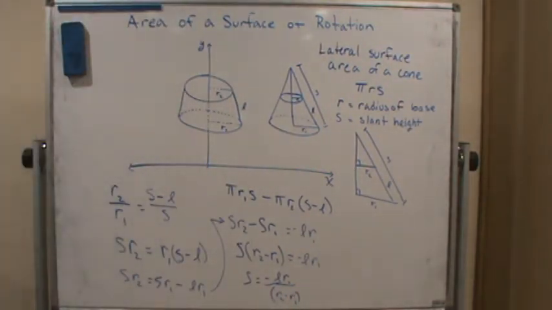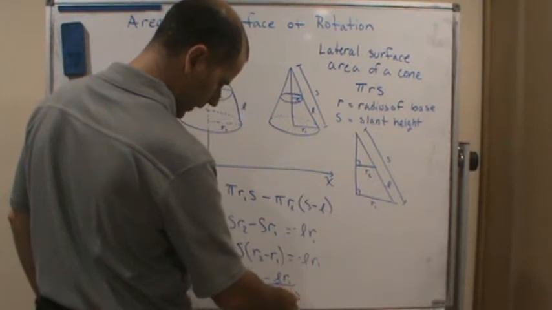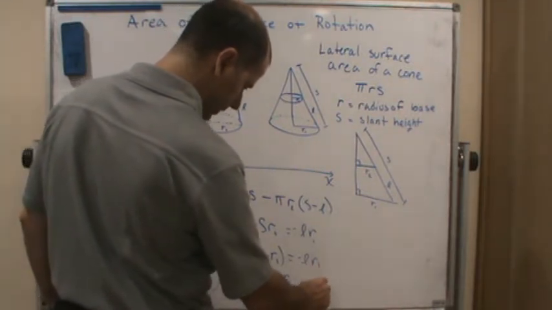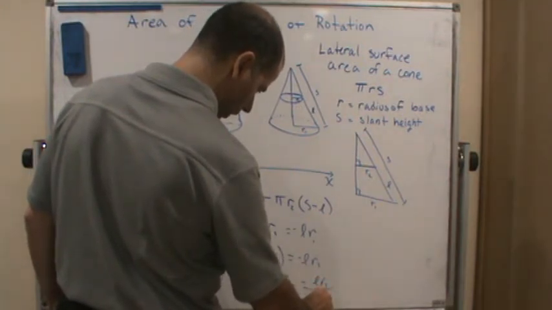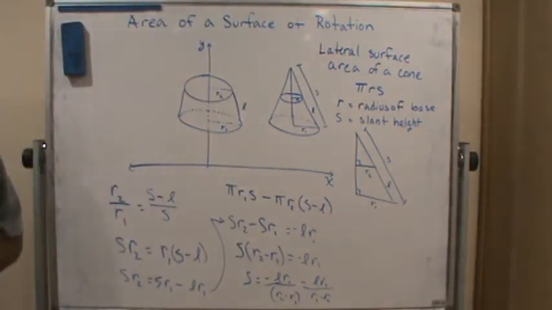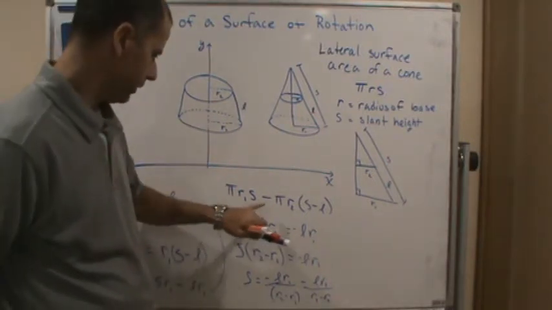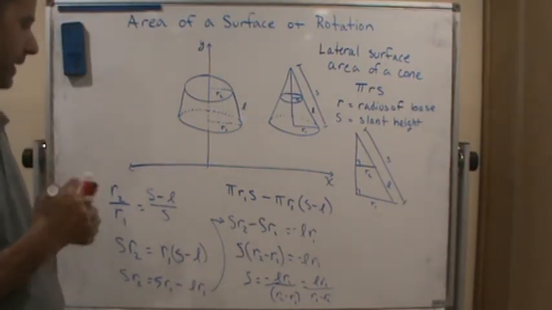Now I can absorb the negative, because I don't want that negative out there. I can distribute the negative in the denominator and just flip these, so I'm going to write this as L r1 over r1 minus r2. That is what I'm going to use to substitute into my formula, so I'm going to substitute in for s here. What do I get if I do that?